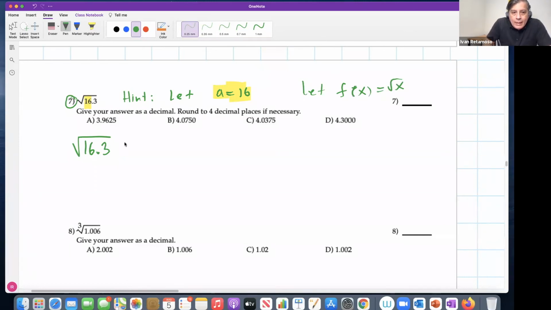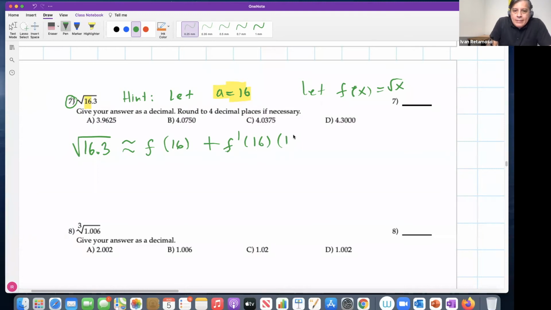right? And directly say, okay, this will be equal to the function evaluated at the base point 16, without derivative first, plus the derivative evaluated at 16 times x minus a, right?